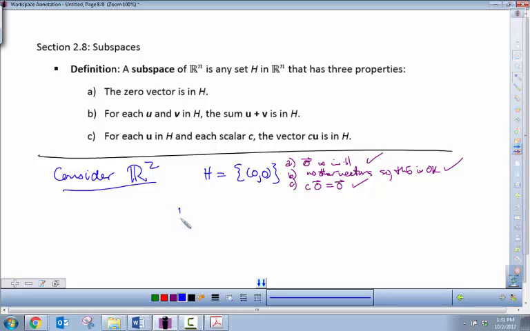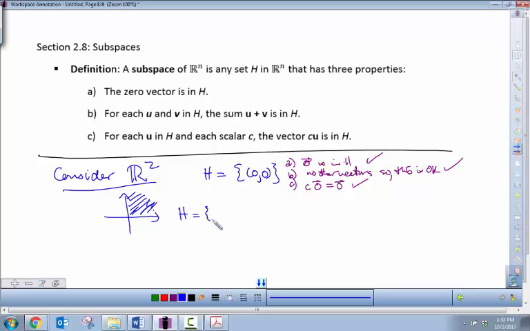Now let's find a different H. And we're talking about R2, so we can just look at a plane and imagine a subspace, a subset. So what if we look at the first quadrant, and let's include the axes.